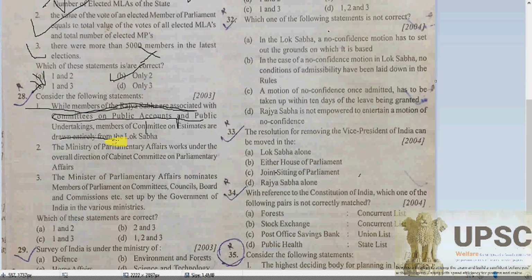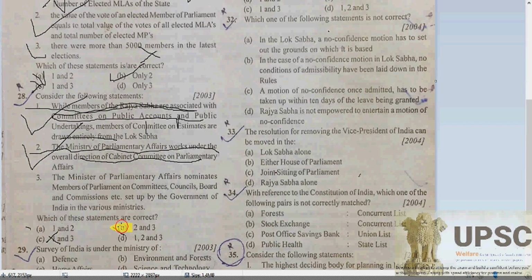As we know, this is absolutely correct. And 2 says that the Minister of Parliamentary Affairs works under the overall direction of the Cabinet Committee on Parliamentary Affairs. That is absolutely correct. So 1 and 2 are correct. So we have 1 and 2, and these options will be gone.